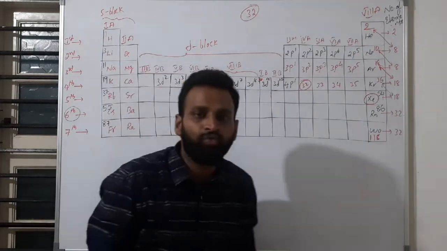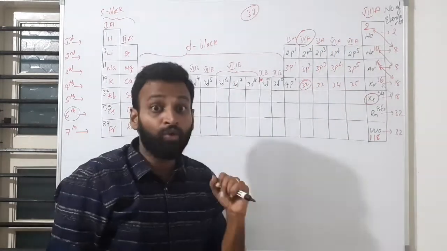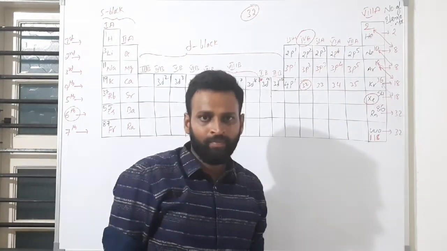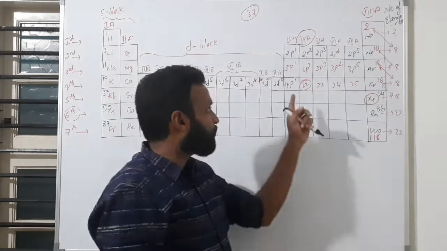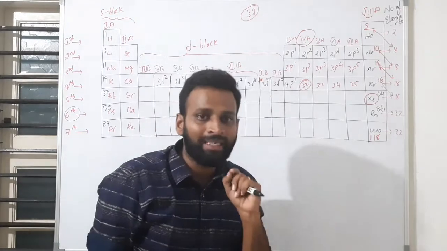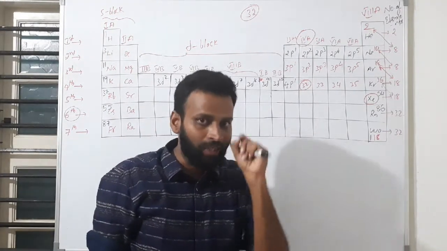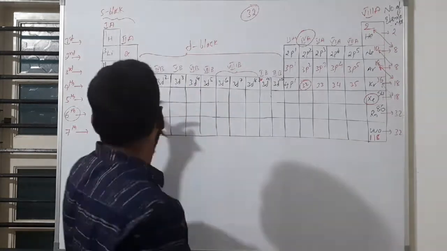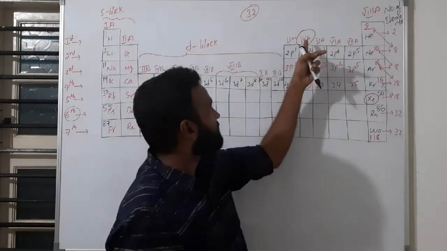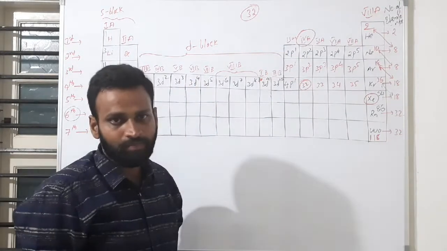So 32 belongs to the 14th group or 4A group. 4A group element. Understanding everyone? So the element with atomic number 32 belongs to the 4th period as well as 4A group. In that way you can see.